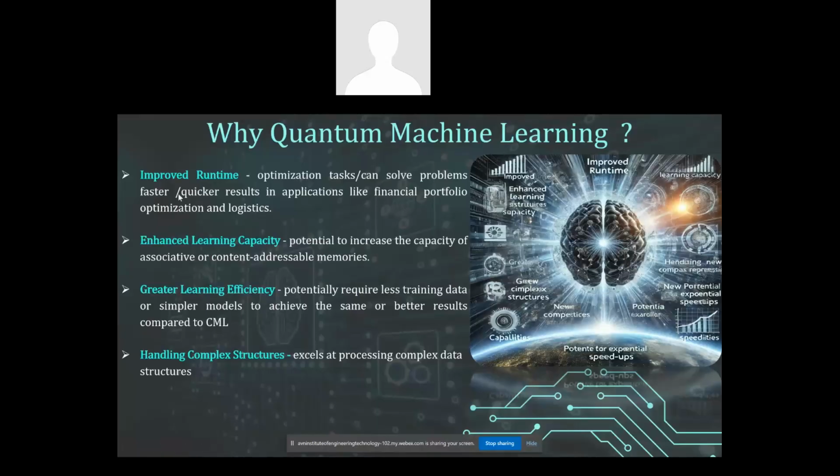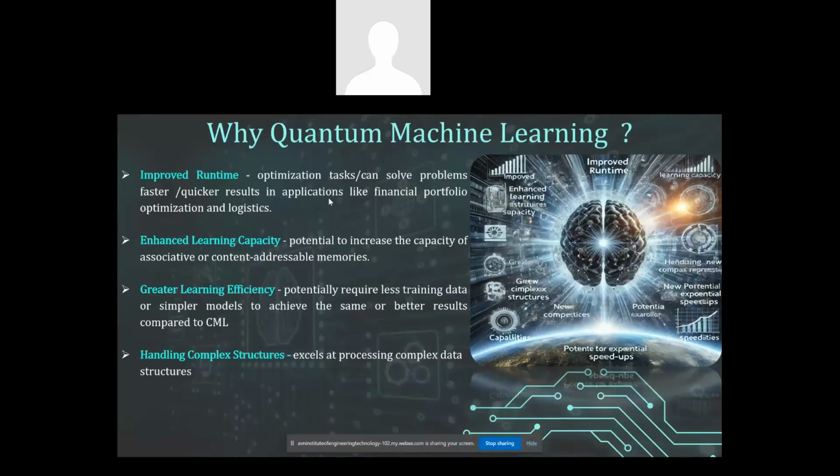We can process everything faster, which saves a lot of time and lets us move ahead. So improved runtime is a major advantage of quantum machine learning, and that's why we are utilizing it.